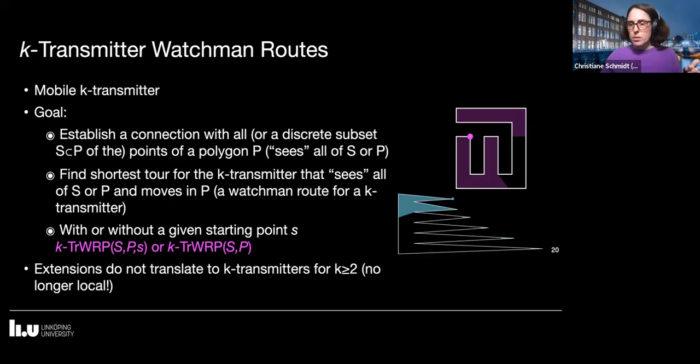And also if you slide the turquoise point along an edge, it would differ, since this one line would rotate around this vertex. So it's not the same. There's not one extension that you need to visit, and then you will see a complete edge of the polygon. And so we're really losing this locality that we had for a zero transmitter.